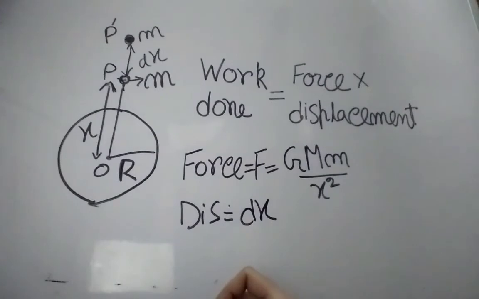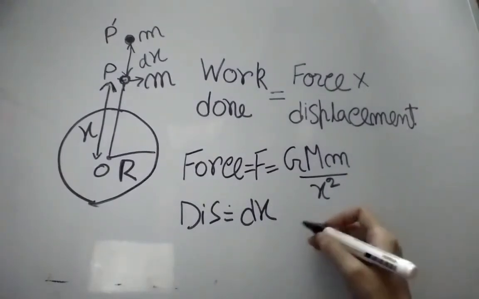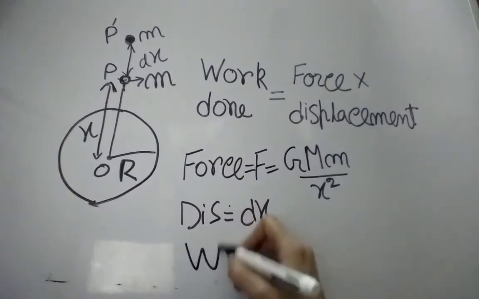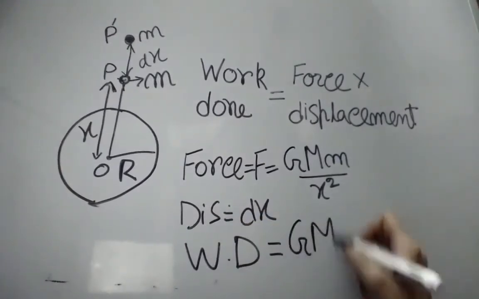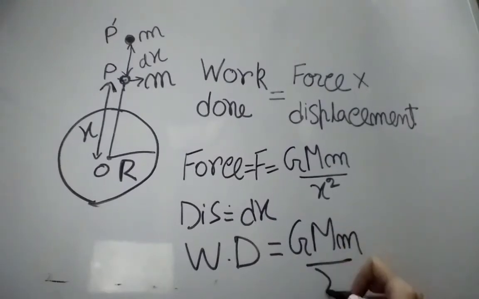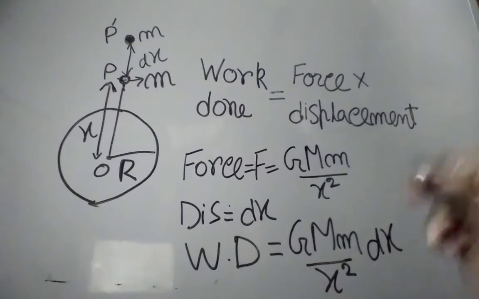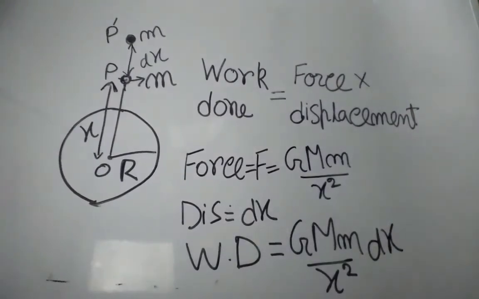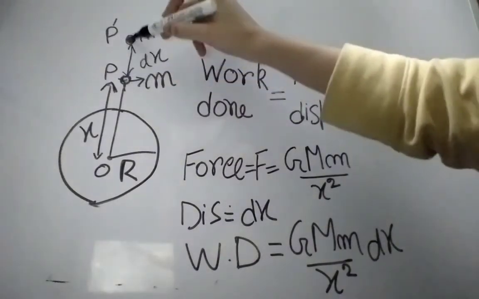So what will be the work done? The work done will be GMm by x square into dx. So this is the work done if we move this object from the position P to P dash.